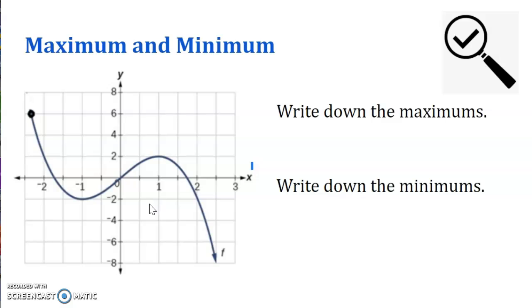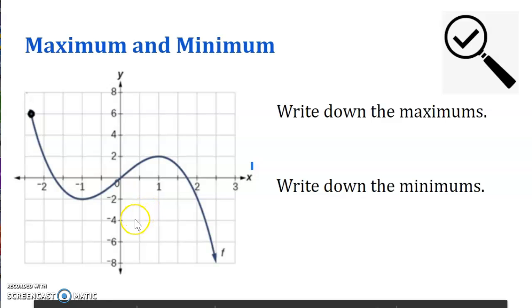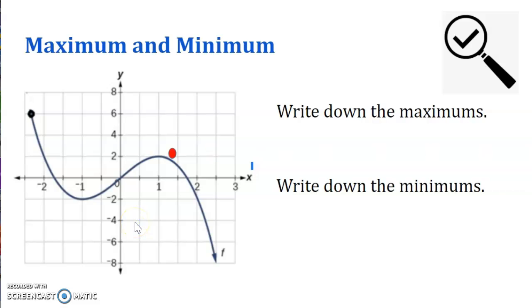Okay, so can you write down the maximums and minimums of this graph? What do you think? Please pause the video and write down what you think. The answers are shared in 3, 2, 1. Okay, so we have that point being a maximum. 1, 2.